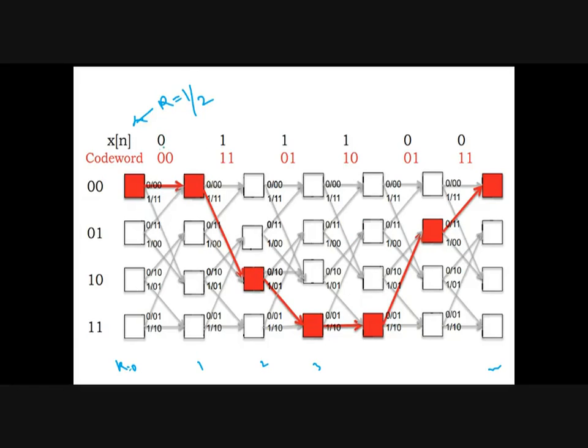Let's see how to do this. The first bit that entered was 0. We already know that the upper path will be for 0, and the lower path will always be for 1. So when we are talking about 0, we take the upper path from the first state.